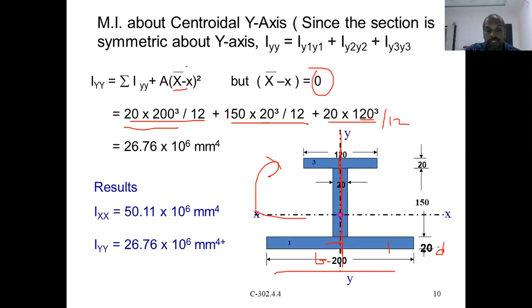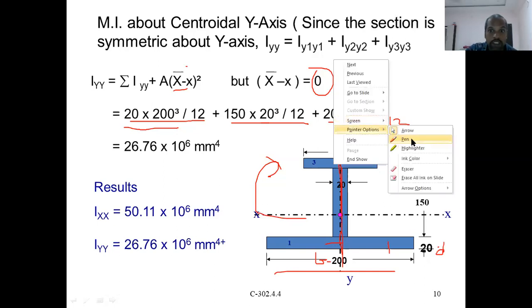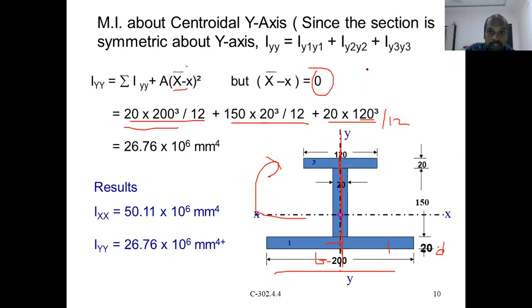Generally y axis symmetry is the case, but one more thing: sometimes it may mislead you. Okay, so there is a possibility of misleading you. Mislead means, if you keep your I section like this, then it again misleads you.